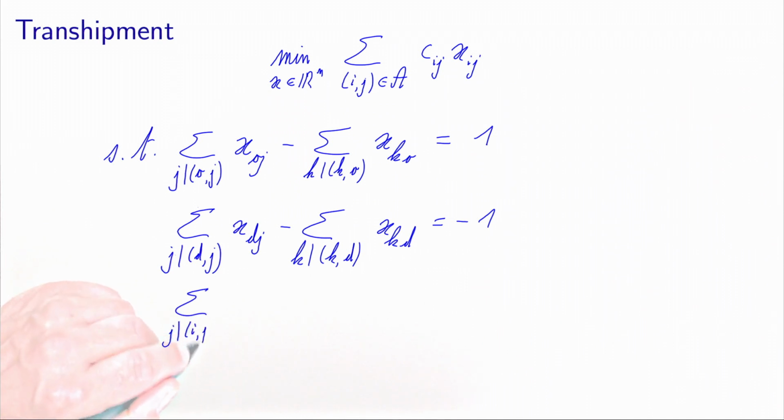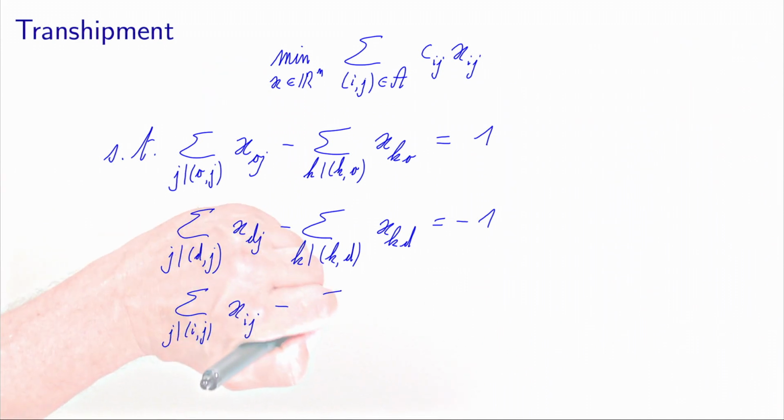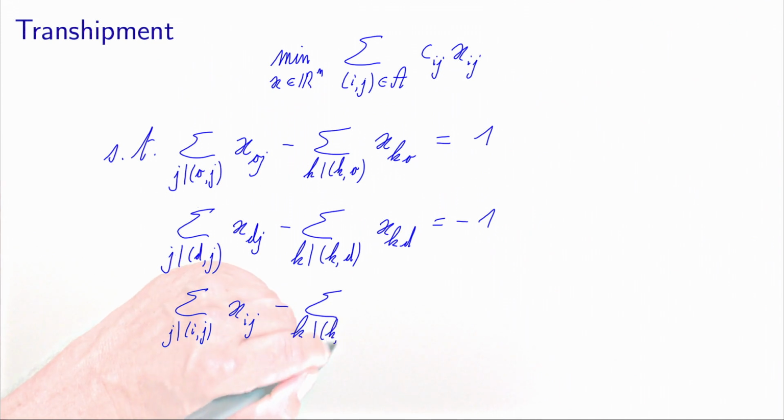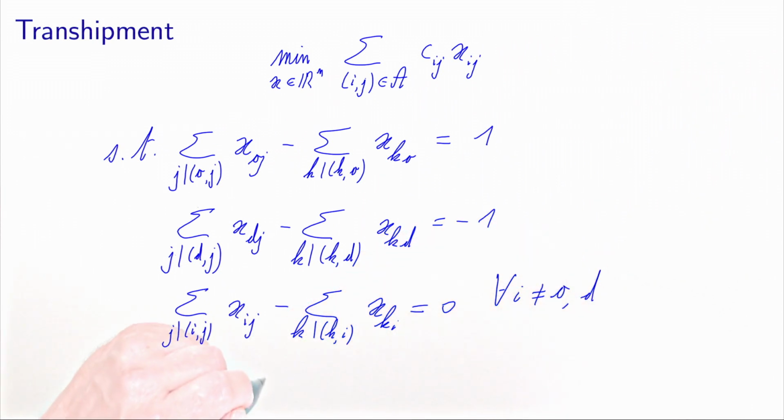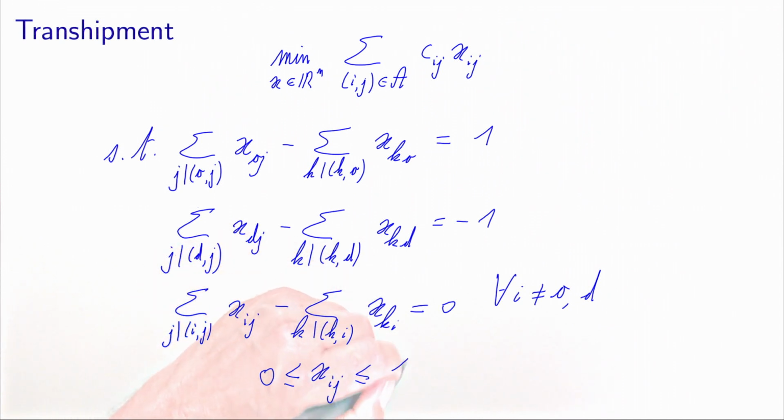And for each other node i, which is not the origin or the destination, we have a flow conservation constraint that says that the divergence at i must be equal to 0. And finally, we have the capacity constraints, which say that xij must be between 0 and 1 for all arcs in the network. This is the formulation of the shortest path problem as a transshipment problem.